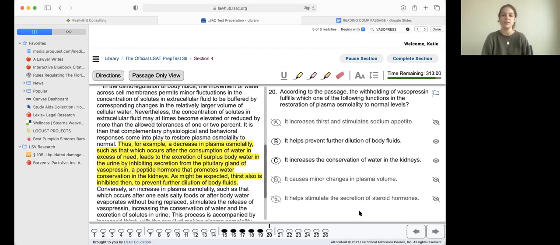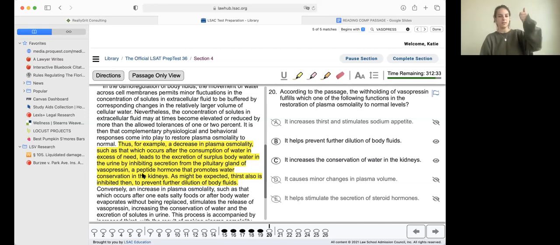Yeah, so C does this very tricky thing, and especially in science passages, where it uses buzzwords that we like, but it distorts the order. We have specifically that vasopressin is a peptide hormone that promotes water conservation in the kidneys.